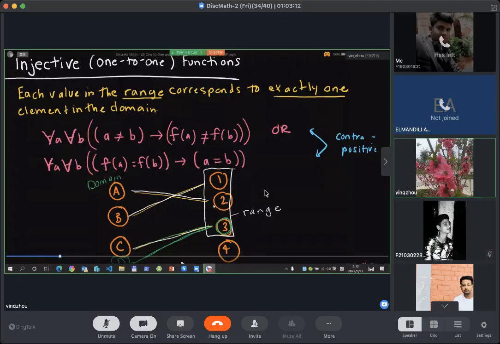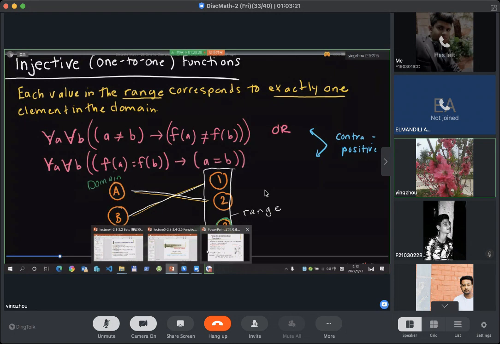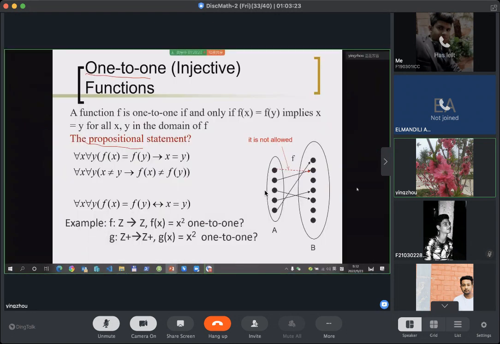So we have said many. For this map, we have two ways, or sometimes we can say four ways. That means from the map, here is A, here is B, we can say it is many-to-one. Many-to-one means many inputs refer to one output.